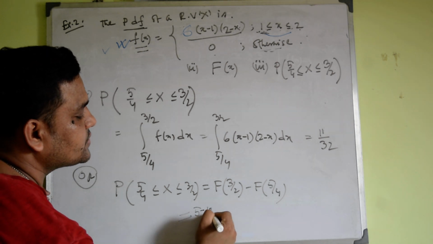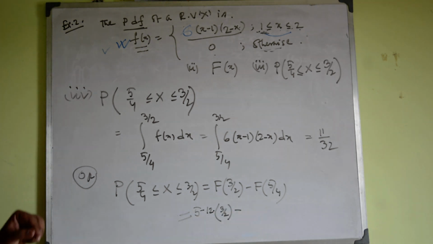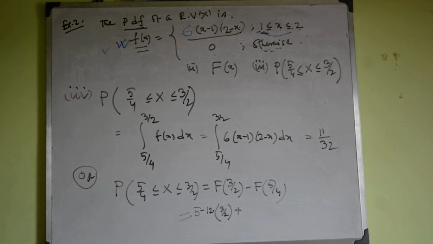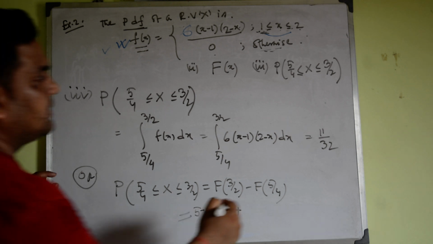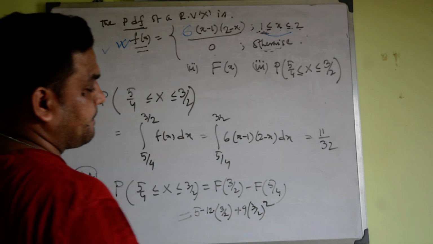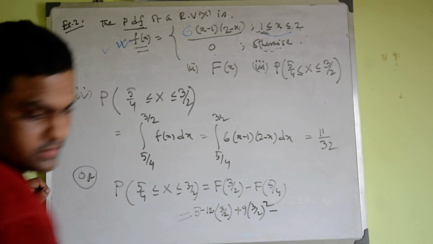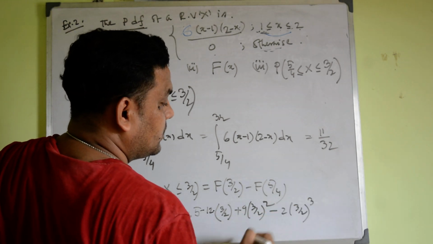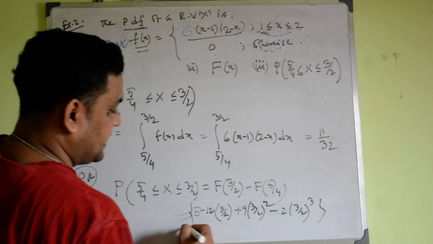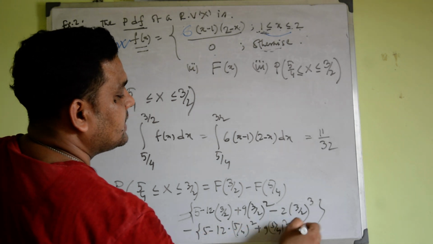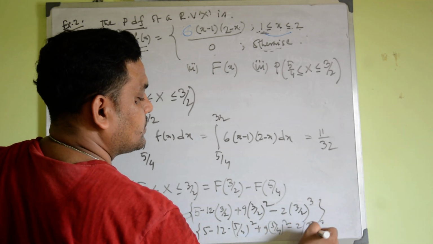So you write 5 minus 12 into 3/2, plus 9 into (3/2) whole square, minus 2 into (3/2) whole cube, and then minus the same expression for 5/4: 5 minus 12x plus 9 into (5/4) whole square minus 2 into (5/4) whole cube.